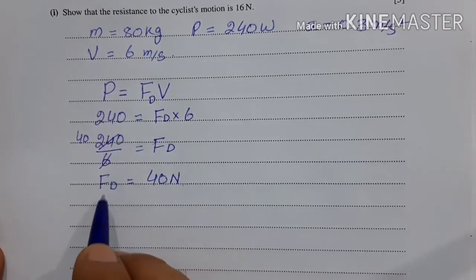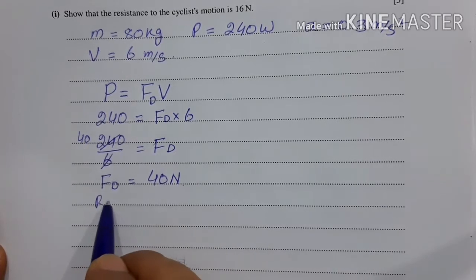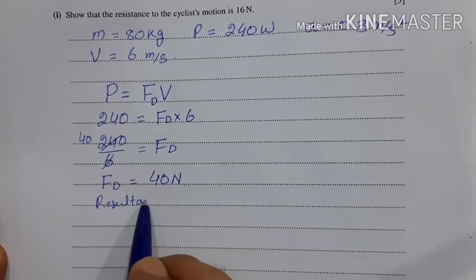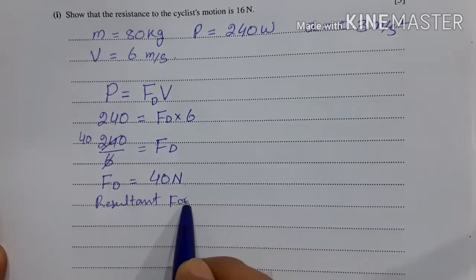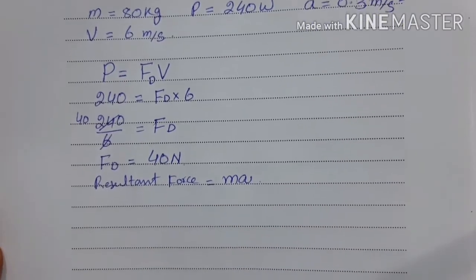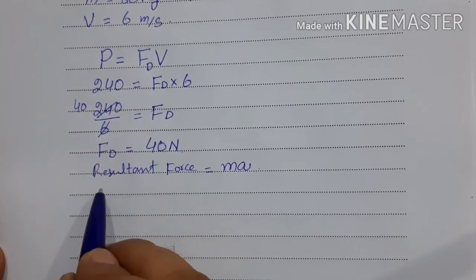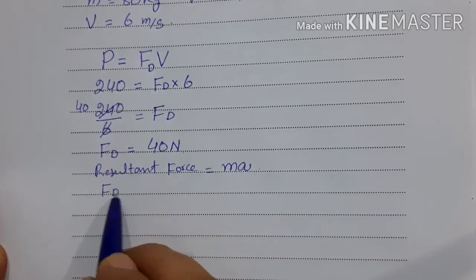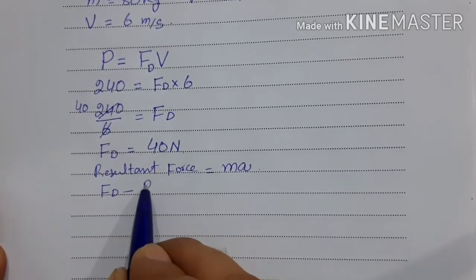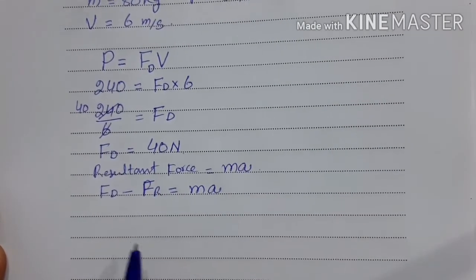As we know from Newton's second law, resultant force is equal to ma. The resultant force is actually driving force minus force of resistance is equal to ma.